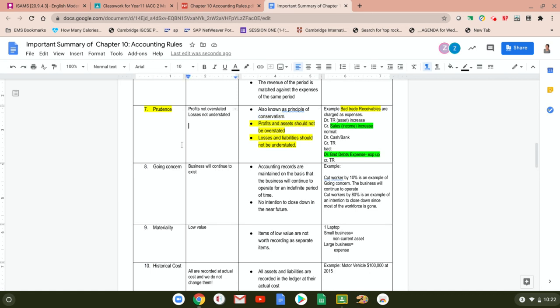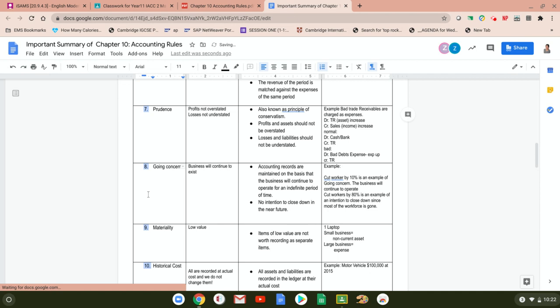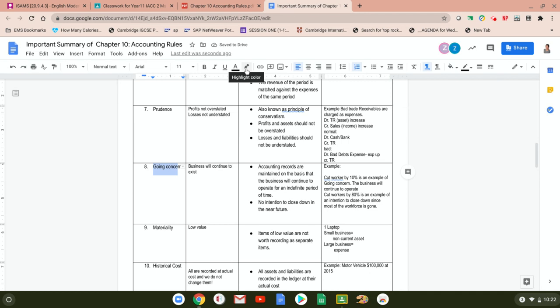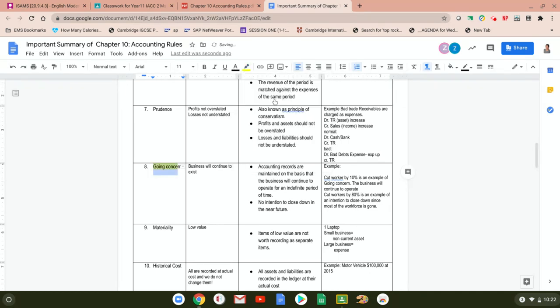The next one is going concern. For the going concern, it's a very simple rule. It means that unless the business shows or declares that it is closing down, we make a specific assumption that the business will continue to exist.